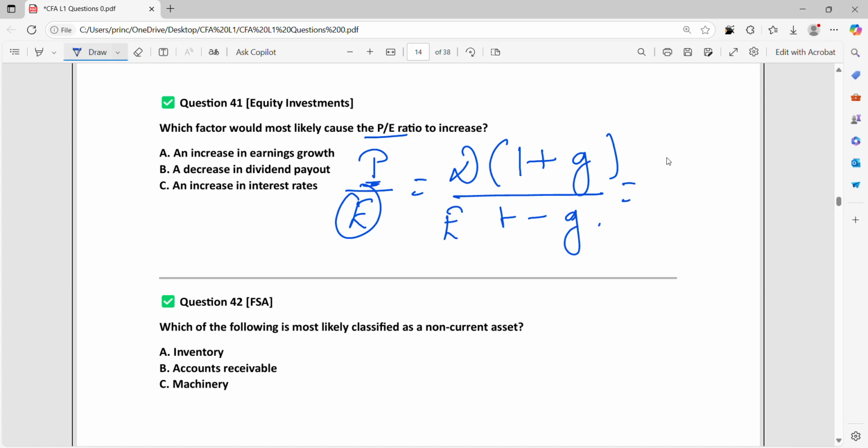So we can consider it as dividend payout ratio, DPS by 1 plus G divided by R minus G. Now let's go through the options. An increase in earning growth, yes. A decrease in the dividend payout. If the dividend payout is decreasing, in this case the PE ratio is going to decrease. There is no use of interest rate. So the correct option is A.